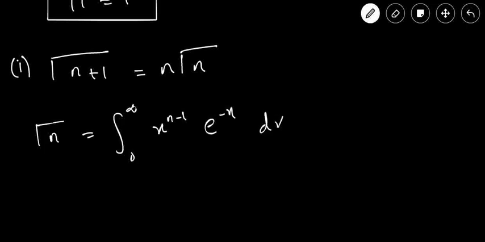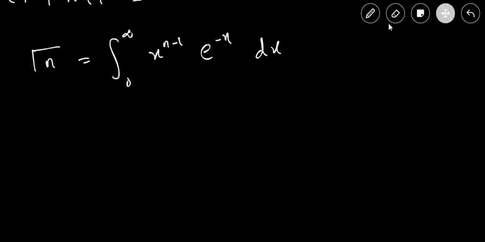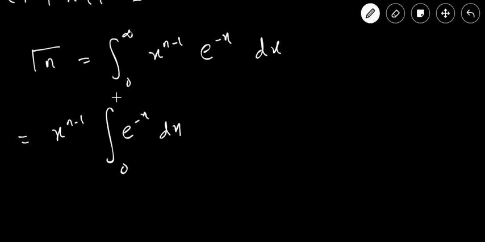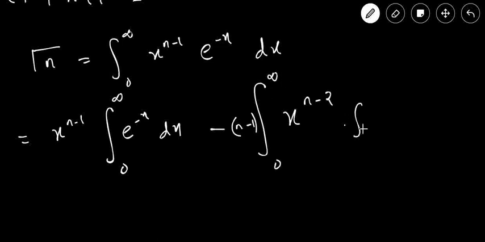So this is the general definition of the gamma function, and by integration by parts, we have first function times integral of the second. So we have to substitute the limit over here minus integral of derivative of the first, that means n minus 1 times x to the power n minus 2 times integral of the second.